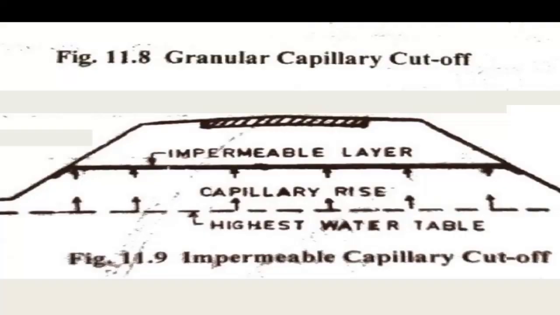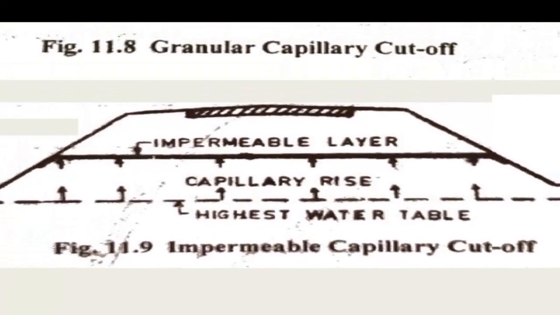Next is impermeable capillary cutoff. In this method, the impermeable membrane or bituminous layer is inserted in the place of granular blanket during the construction of embankment. So it's very much clear with this diagram.